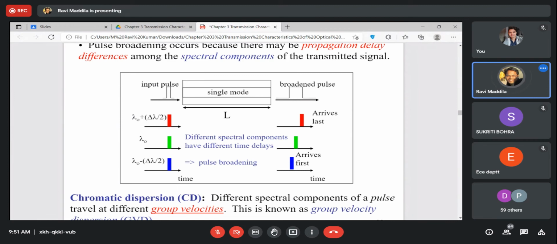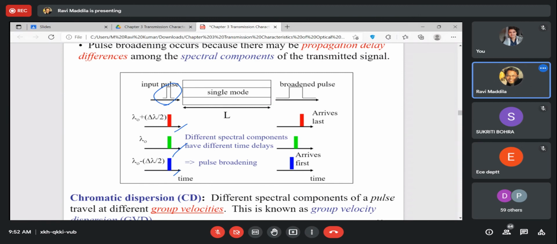pulse broadening basically is because of propagation delay differences among spectral components. This is what is chromatic dispersion. So you can see here we have the same input pulse, but this input pulse has different spectral components or wavelength components, and all these wavelength components would propagate with different velocities because of the group velocity characteristics in an optical fiber.